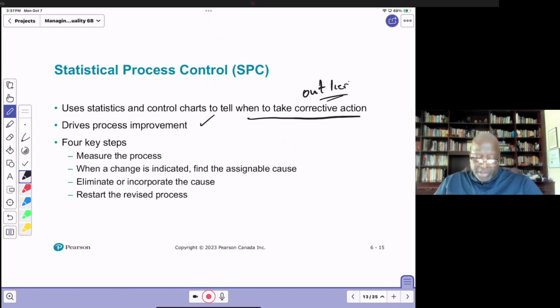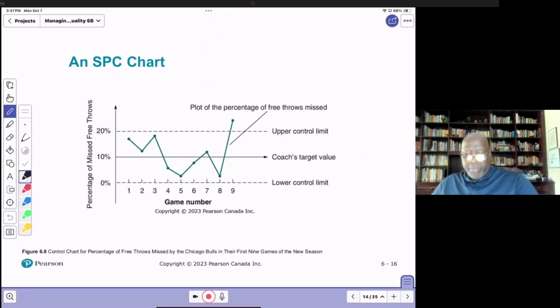So it drives process improvement. You measure the process. When a change is indicated, find the assignable cause, and that change is really the outlier. Eliminate or incorporate the cause, restart the revised process, and then keep monitoring. All right. So as we could see here, an SPC chart for the percentage of missed free flows.